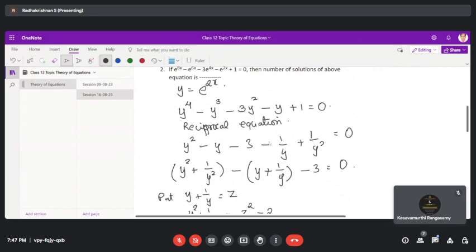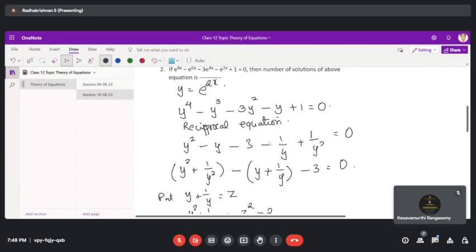What is the range of this function y equal to e power 2x? e power any real number from minus infinity to infinity: e power minus infinity will actually be 0, e power 0 will be 1, and e power any positive quantity will be more than 1.